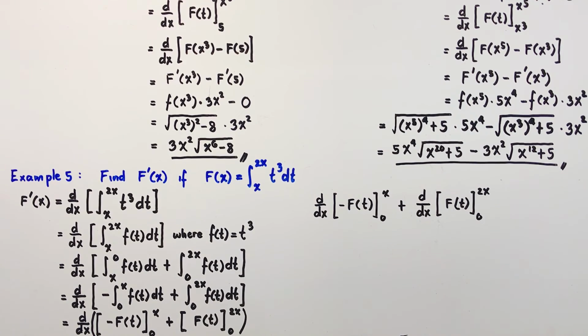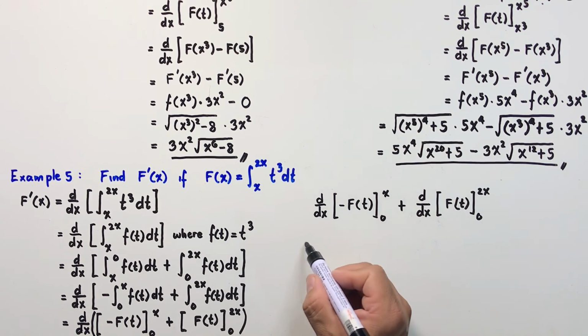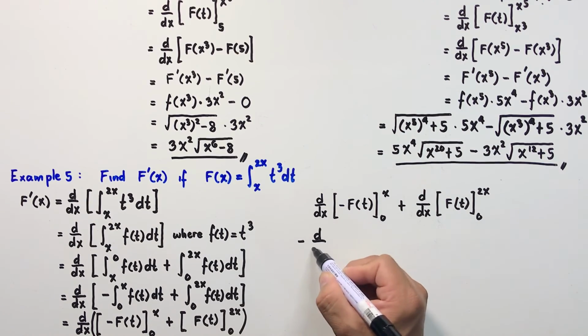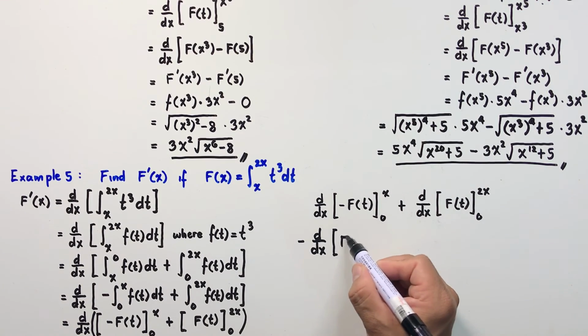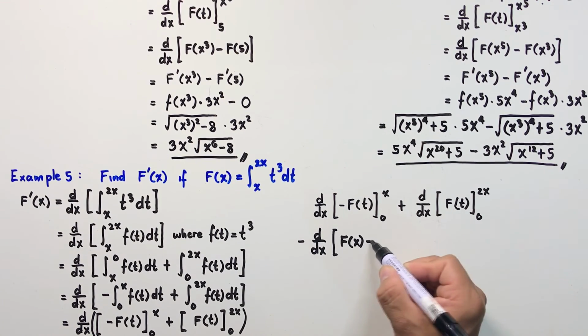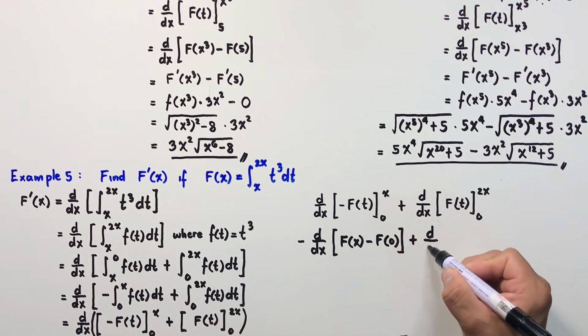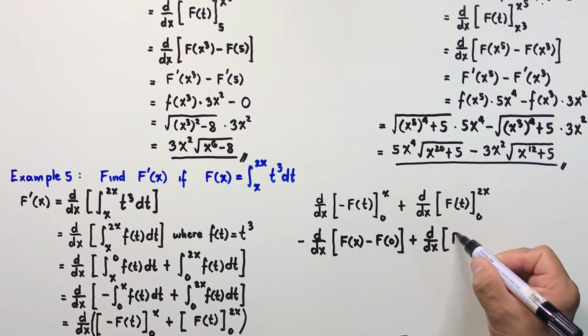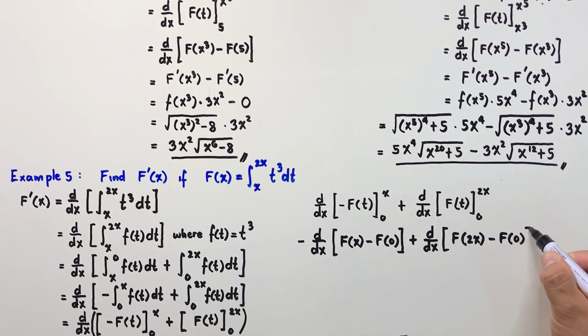Then, using the second statement of our fundamental theorem of calculus that the derivative of the big F is the small f, and evaluating this big F function from the limits of integration, we have d by dx, and we just factor out the negative here, of the big F of x minus the big F of 0. And this is added to the derivative of the big F of 2x minus the big F of 0.